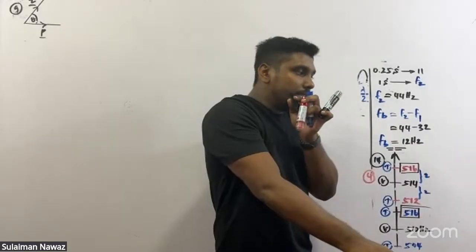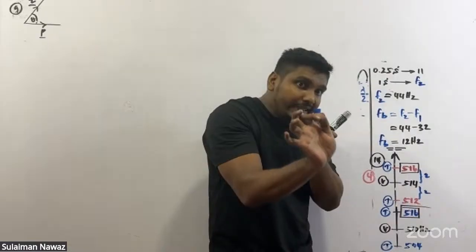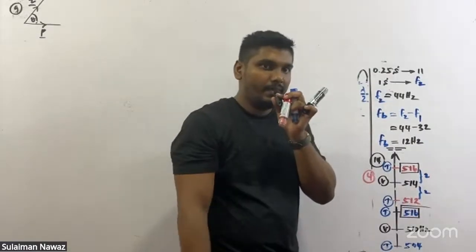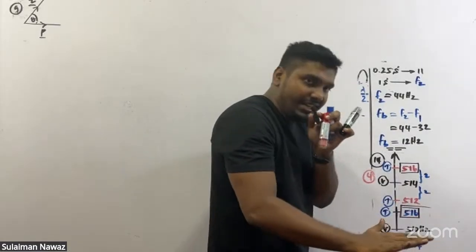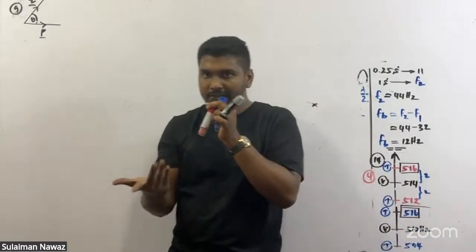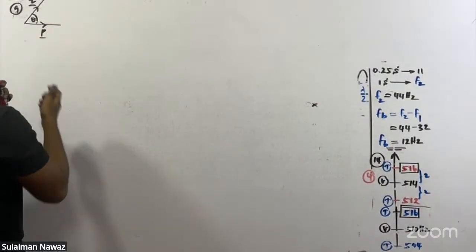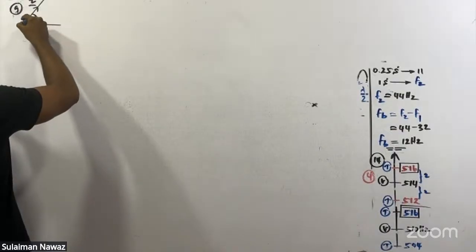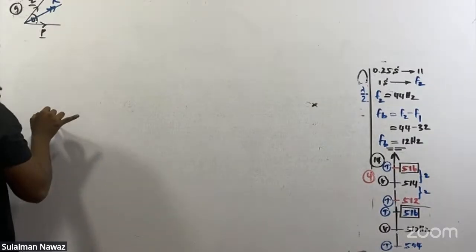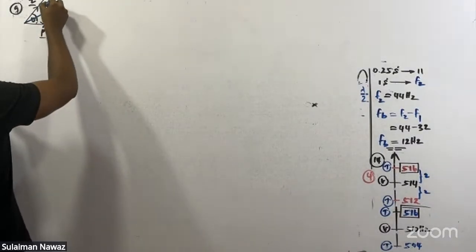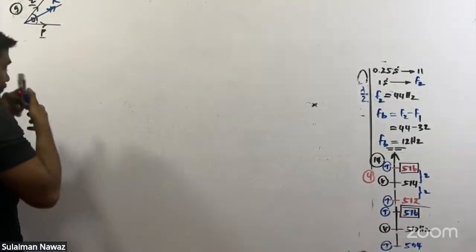So based on the theta angle, the resultant vector changes. Based on the theta angle, the resultant vector's magnitude and direction change. Remember that.